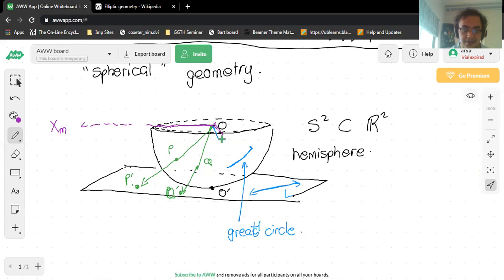If I draw a ray in this direction, it would meet at some Xm dash and so on.